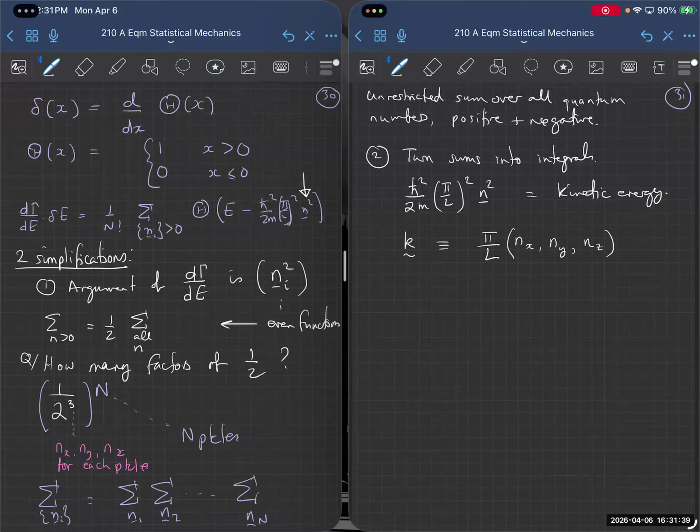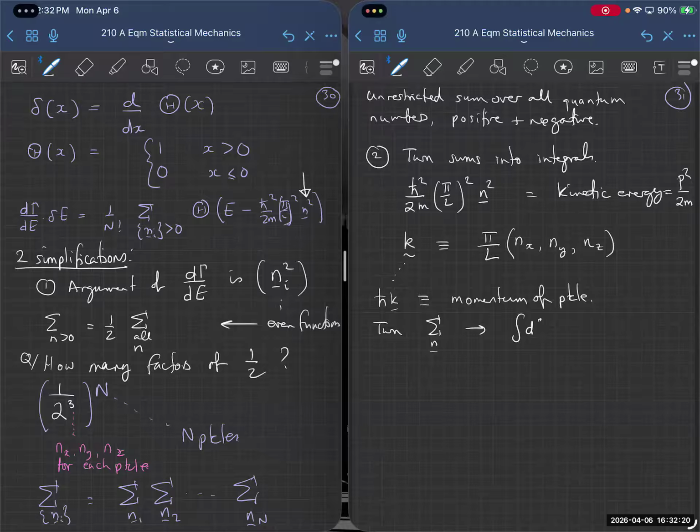That's the k vector. ħk has the interpretation of being the momentum of the particle with wave number k, so this kinetic energy is just p squared over 2m. So we're going to turn the sums over n into integrals over k.